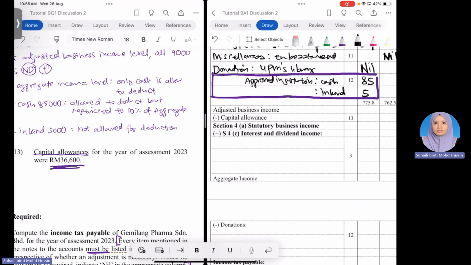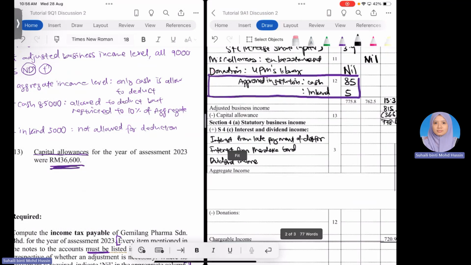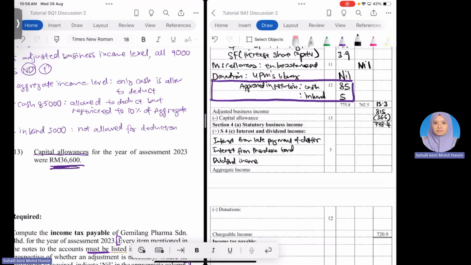So we have 3 incomes just now: interest from the late payment of the debtors, interest from the Merdeka bond, and then dividend income. So this one is under section 4, subsection C.